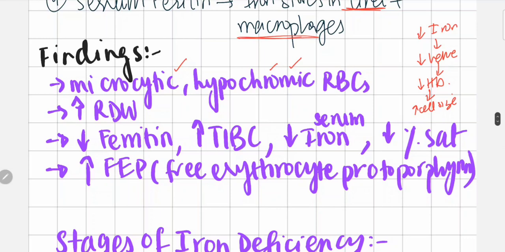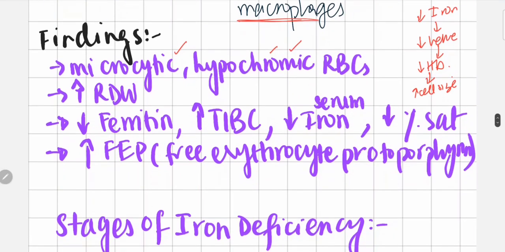And why is it hypochromic? We know that the color of RBC is imparted by iron in hemoglobin. So when there is no iron, of course there is no color, so hypochromic.